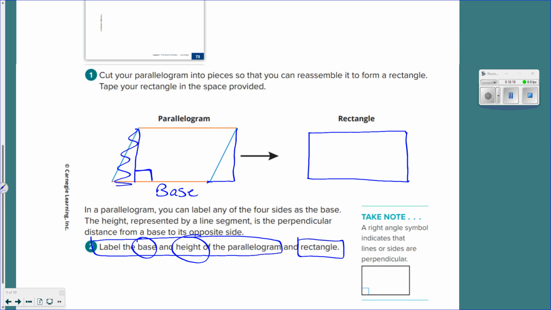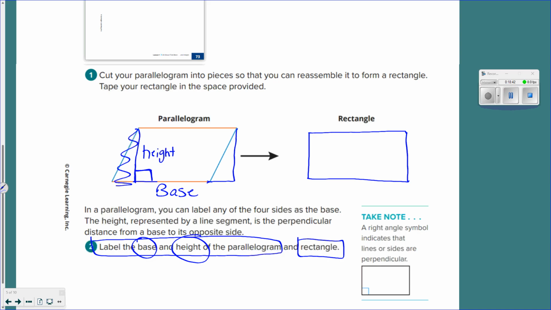So the two lines that make the right angle are our base and our height. Does that make sense? Your base and your height always have to make a right angle. And your height always has to be a straight line from top to bottom. It cannot be a diagonal line. That does not work. It has to be a straight line.